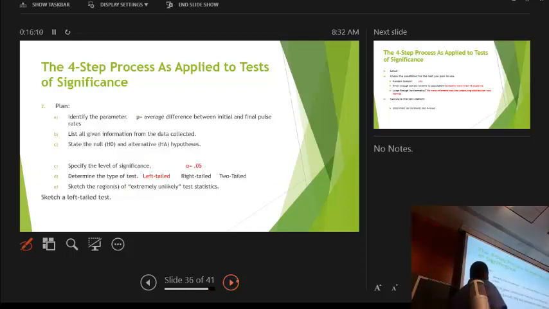Now, identify the parameter that we're working with: the average difference between the initial and final pulse rate.